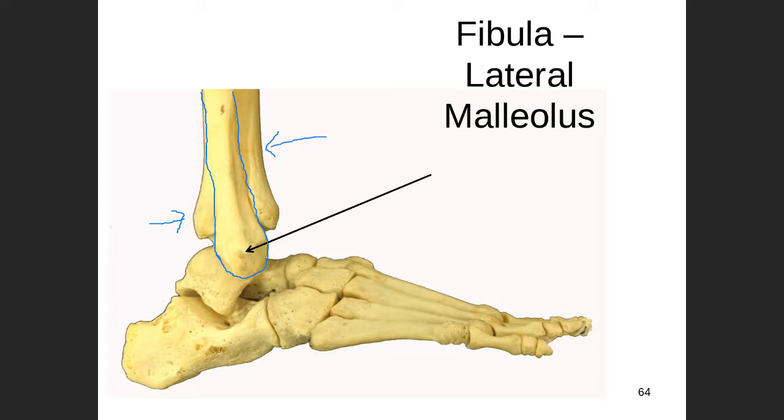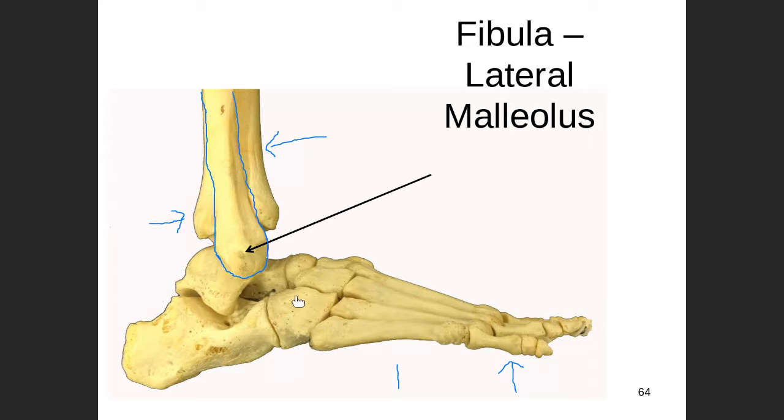And I know this is the lateral portion of the bone for a couple of reasons, okay? Well, one, here's your 5th digit. You've got 1, 2, 3 phalanges. This is your little toe. This is your 5th metatarsal. Here's the cuboid bone.